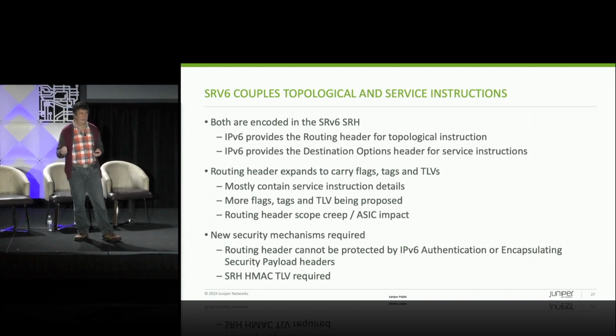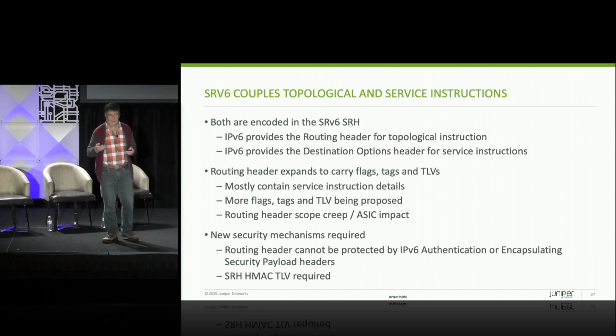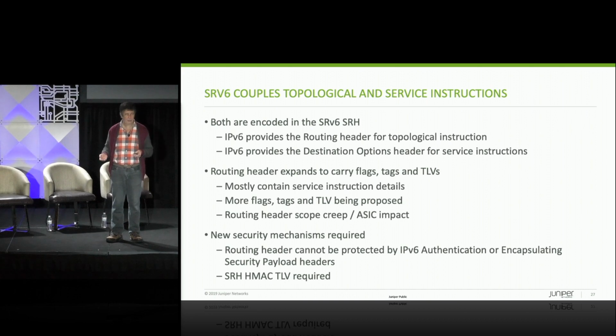When all the information you need to process a packet can't be fit in the low order bits of the address, they start building these tags, flags, and TLVs in the segment routing header. This means the segment routing header is going to contain more and more information. Given that this will need to be processed by ASICs, that's probably not good news.